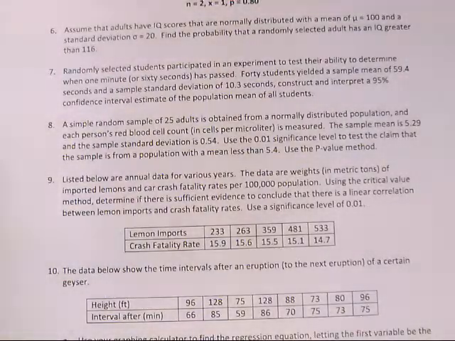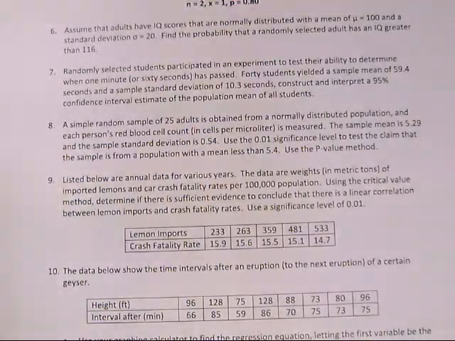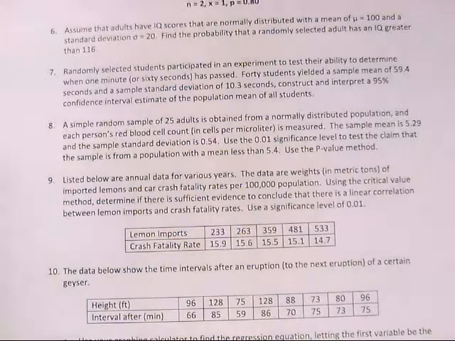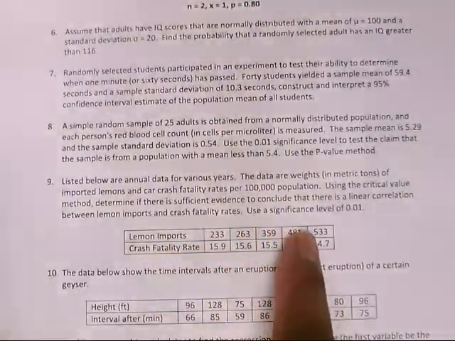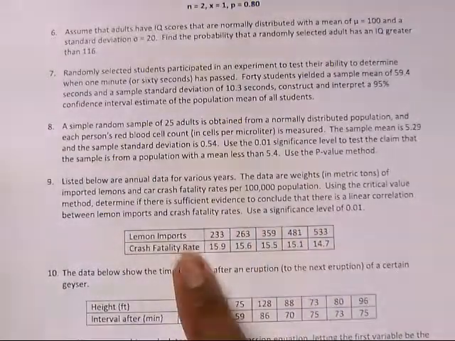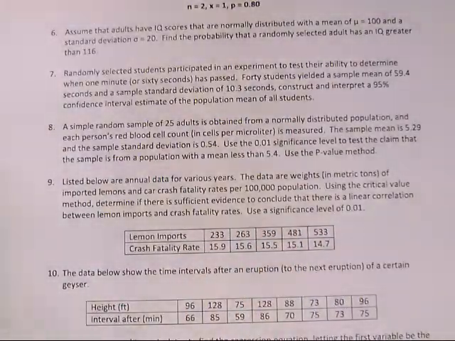Using the critical value method, determine if there is sufficient evidence to conclude that there is a linear correlation between lemon imports and crash fatality rates. Use a significance level of 0.01. And here are the lemon imports, which is the first row. The second row is the crash fatality rates. Okay, so let's start off with this 8-step hypothesis testing procedure.